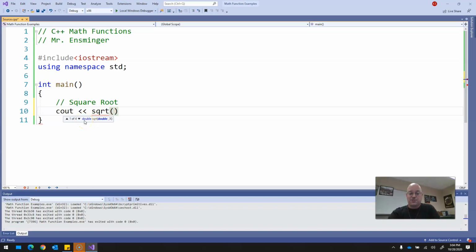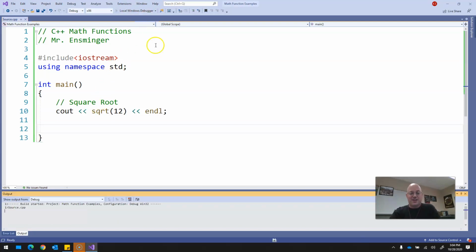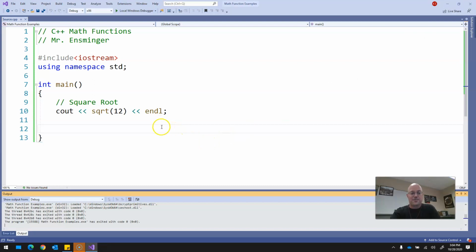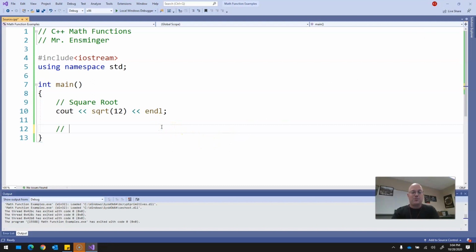Remembering that integers are also doubles. 4 is really 4.0. So if I do, well, what's the square root of 12, let's say. There we go. Let's run that. I'm not going to run it for every single one of these, but there's a square root of 12, 3 point something or other. Some of the other common ones.